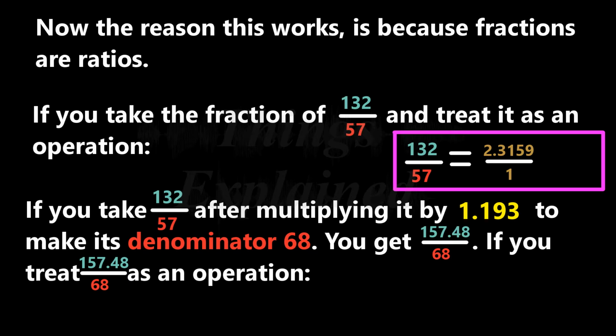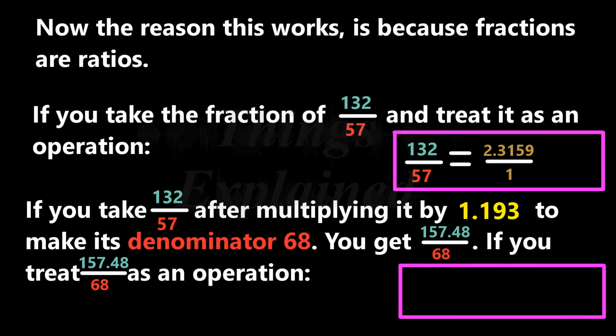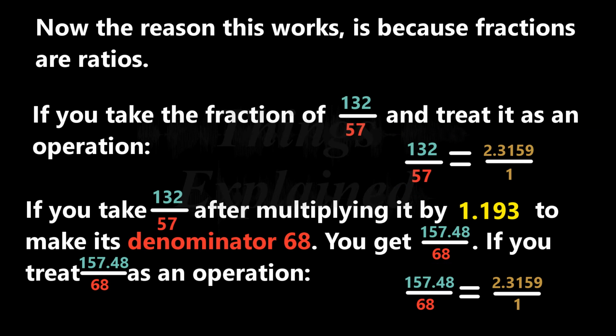If you treat the fraction 157.48 over 68 as an operation, something interesting happens. 157.48 divided by 68 is equal to 2.3159 over 1. As you can see, multiplying both the numerator and denominator of a fraction by the same number, in order to get the denominator to be compatible with another fraction, does not change the ratio of that fraction.